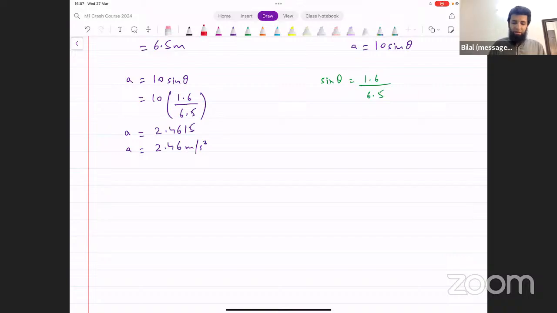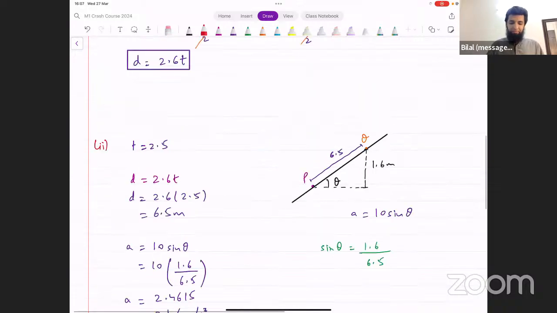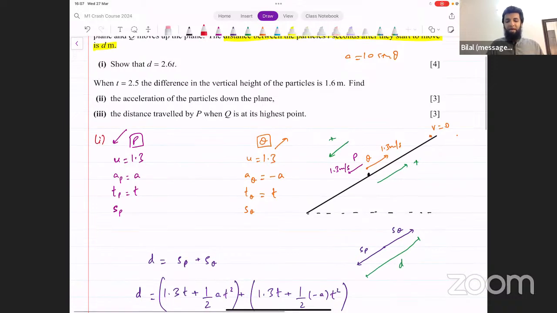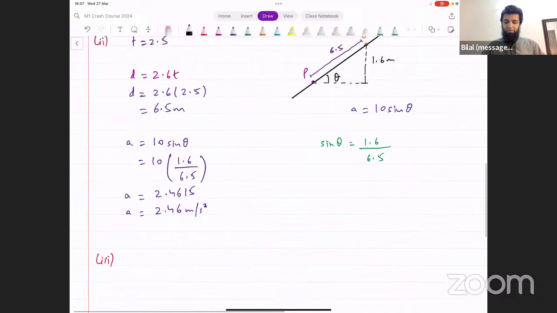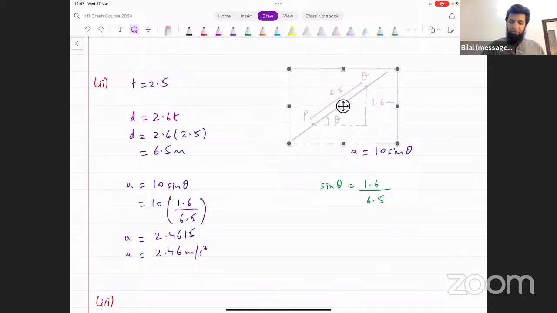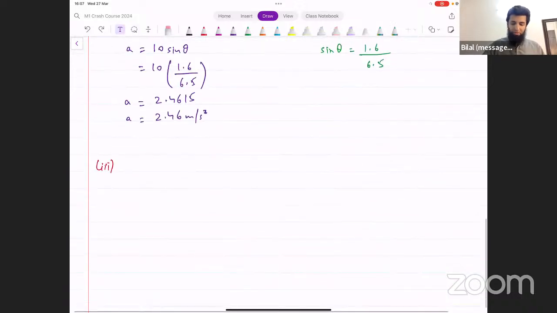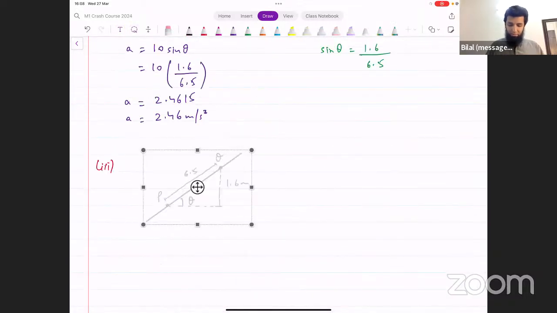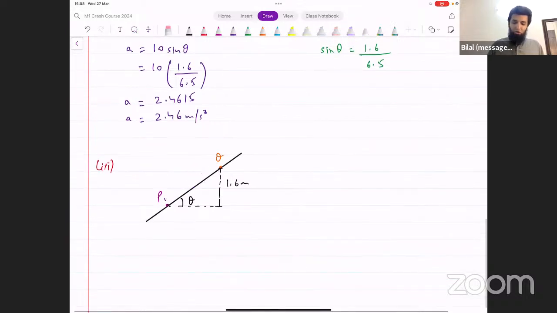Now in the next part, we have to find the distance traveled by P when Q is at its highest point. So we have these two particles. Q was moving upwards and P was moving downwards. We know the acceleration now.